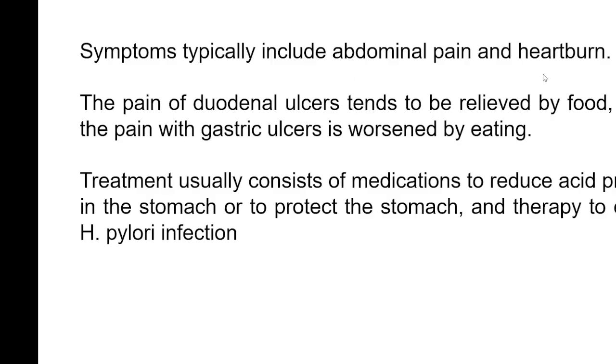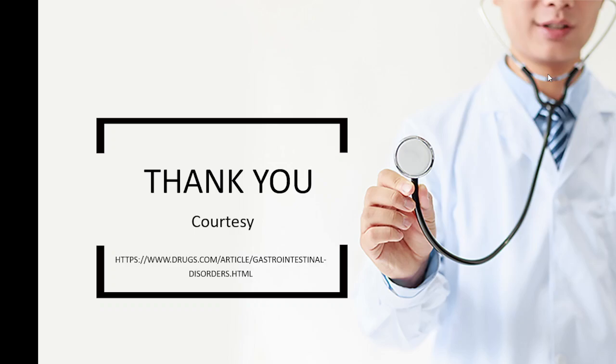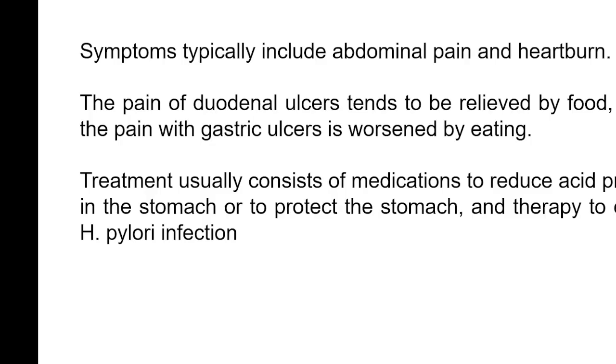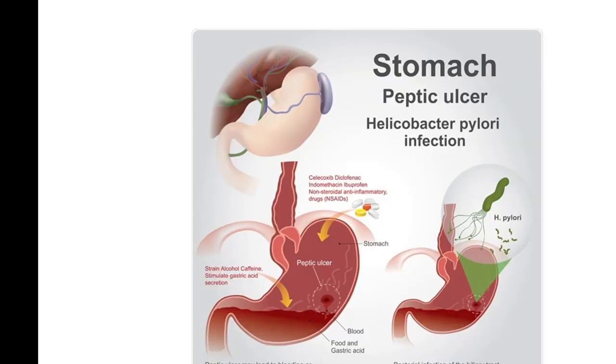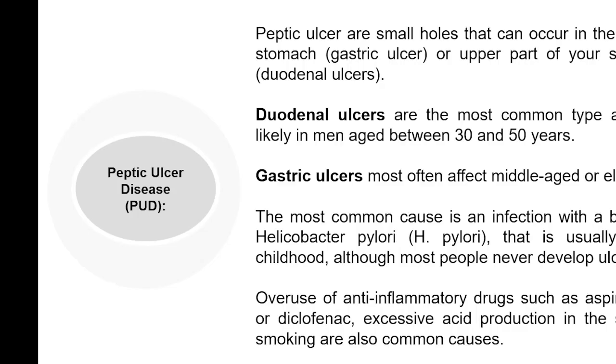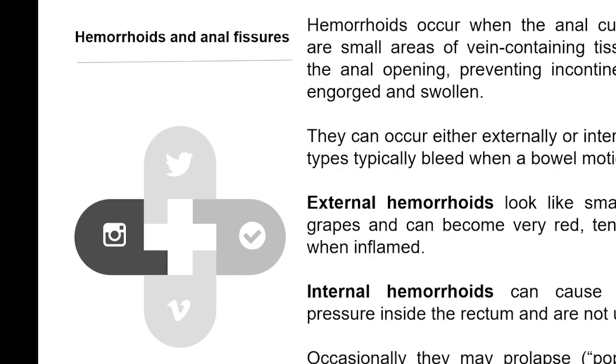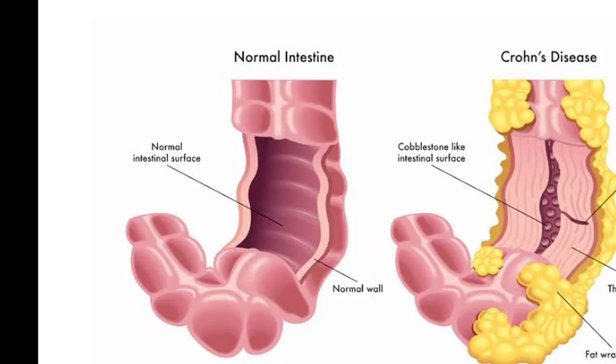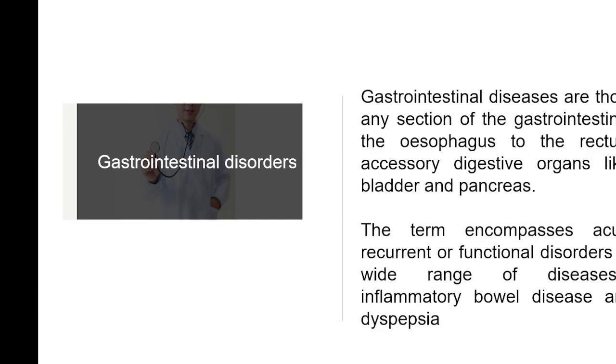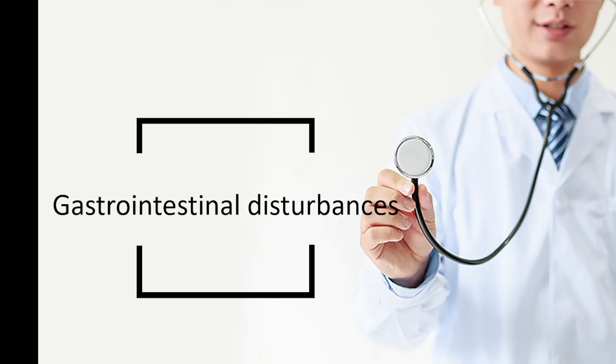There will be abdominal pain, heart pain. So this is how the stomach ulcer can create a lot of problems for you, and the best thing is to go for a treatment so that the Helicobacter pylori infection can be cured. So there are a lot of problems regarding the gastrointestinal system. It is a problem that affects several people, but very little is being discussed about this.